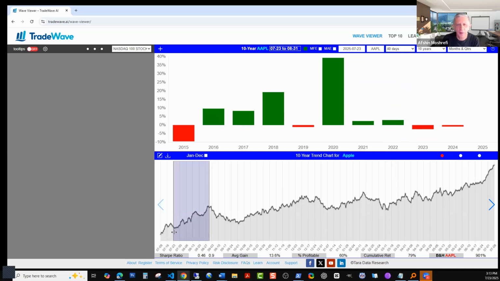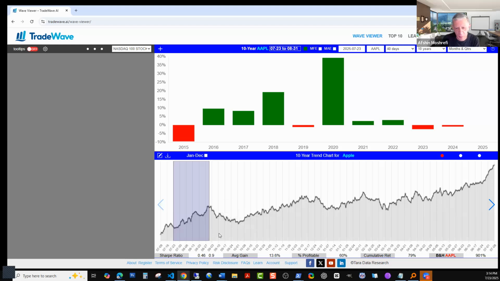Here it is now from today for the next 40 days. You can see what Apple did. And when you look at this trend chart on the bottom, you can see based on the last 10 years, how did Apple perform in different parts of the year? We just see there's that drop here in Apple.